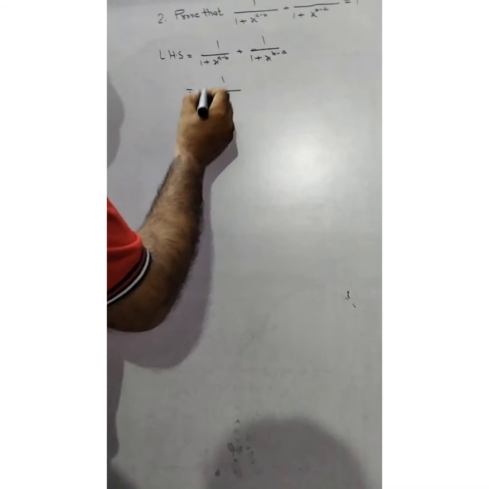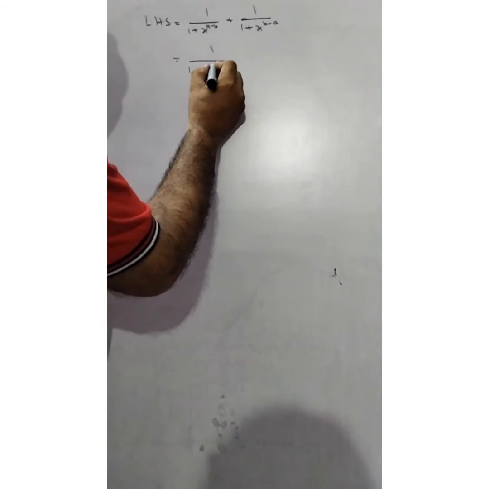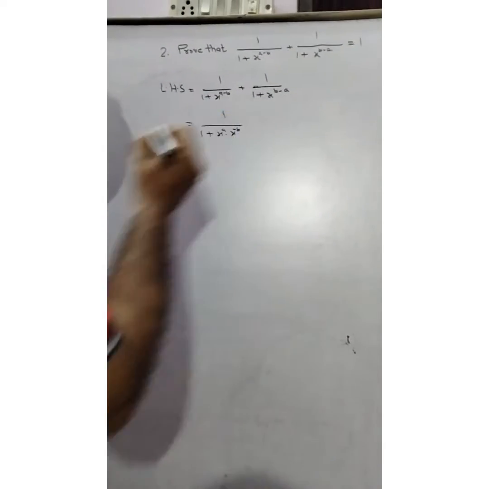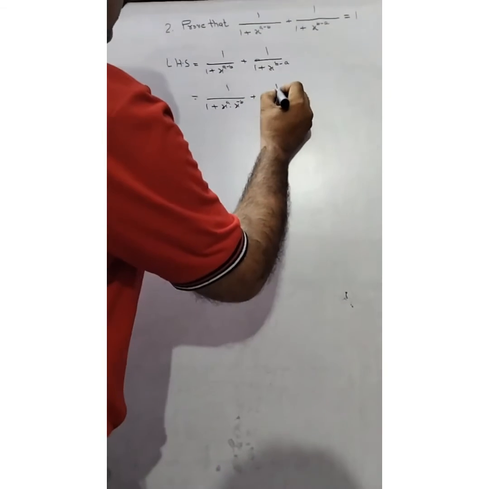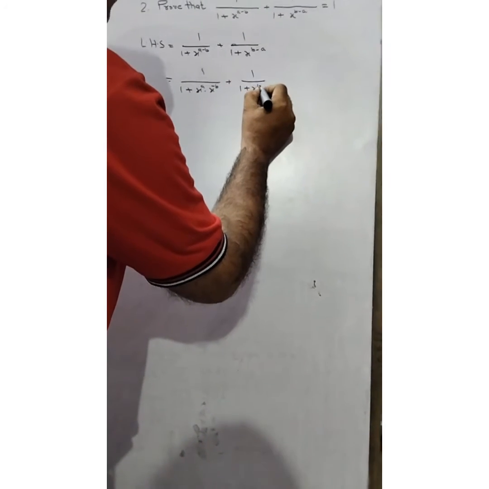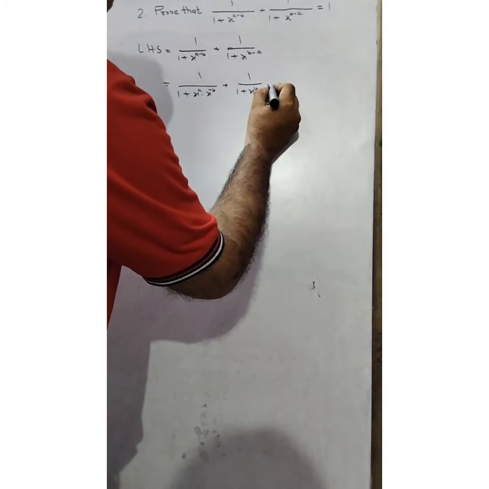Now 1 plus x^a into x^(-b), and 1 upon 1 plus x^b into x^(-a).